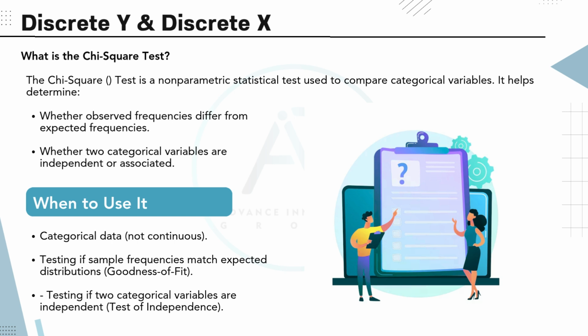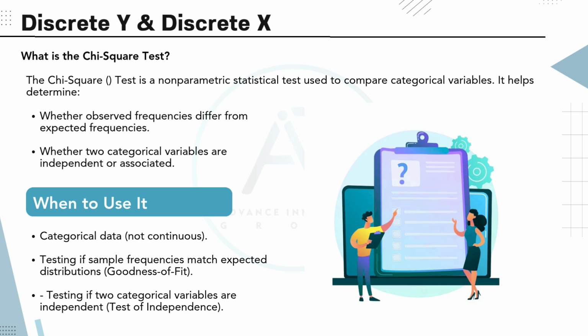For instance, if we expect 50% of survey responses to say yes, but only 30% do, the chi-square test helps us measure whether this difference is statistically significant. 2. Are two categorical variables associated or independent? For example, is customer satisfaction level dependent on the support agent's region?